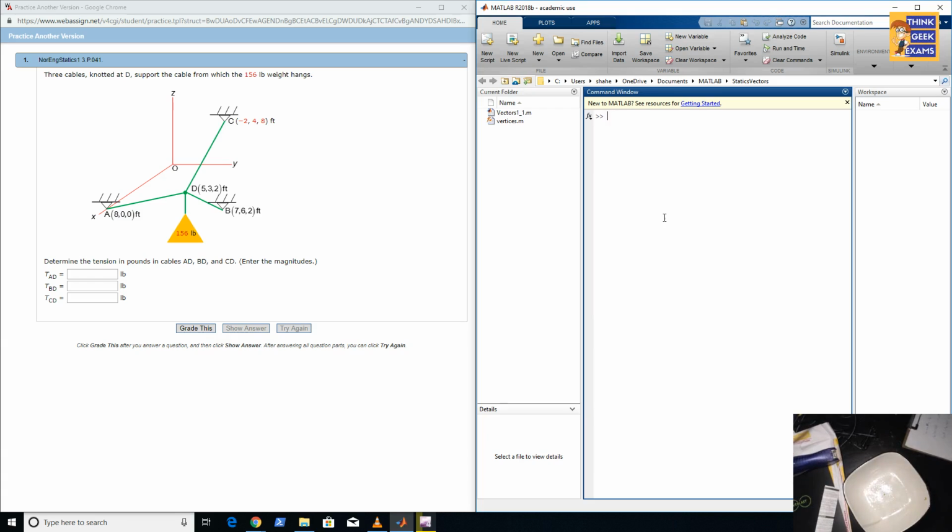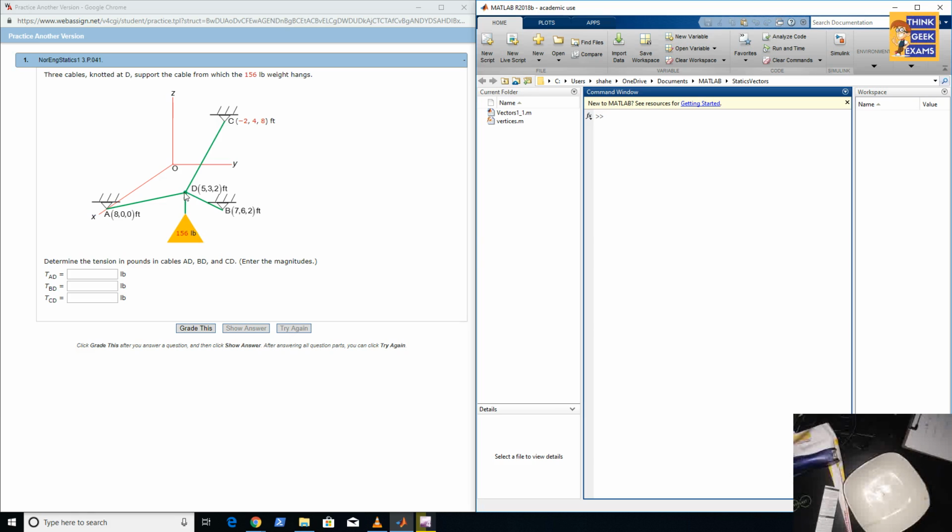This is the third problem in the fifth homework for statics, and here we have 1, 2, 3 ceiling points and a point where basically strings from those ceiling points converge, point D, and at that point there is a weight of 156 pounds hanging downwards.